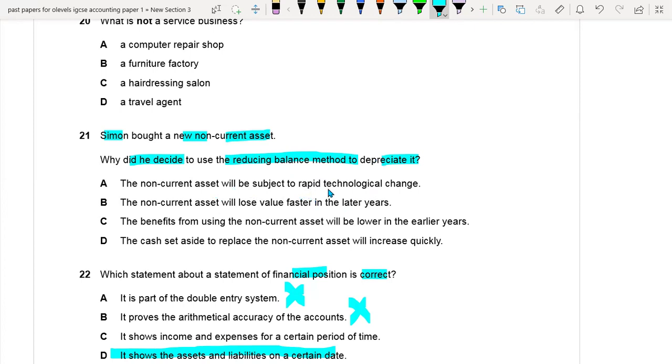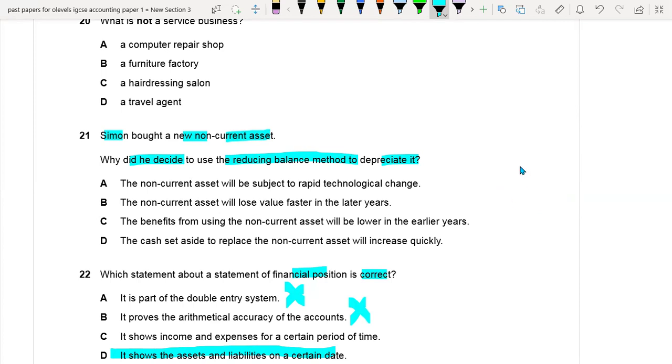So for them, we are using the reducing balance method because this will decrease the worth of the asset at the start of the year by a very high amount, but with the passage of time, it will decrease by a lower amount. In the later years of your non-current asset, repair and maintenance costs would be increasing, and that's why you are charging lower depreciation.